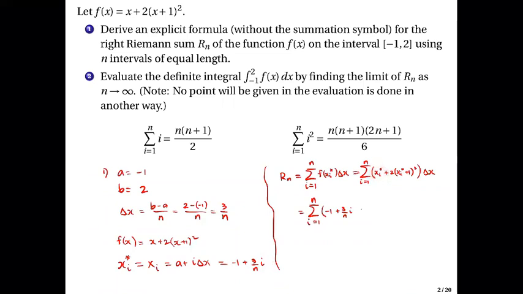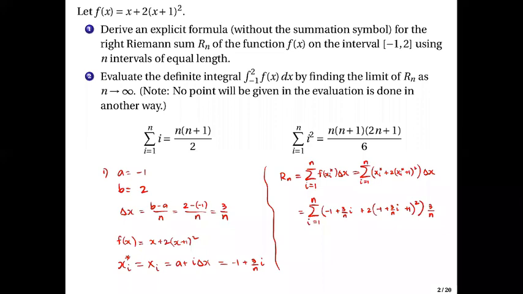And then plus 2 times, so -1 plus 3 over n times i, and then there's a plus 1 there, quantity squared. And then close parenthesis, and then delta x, it's 3 over n.